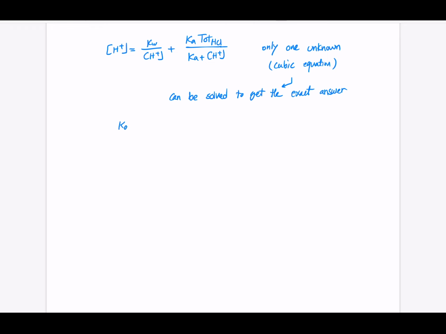The Ka value is 10 to the power of 3, right? So let's use an assumption to simplify.